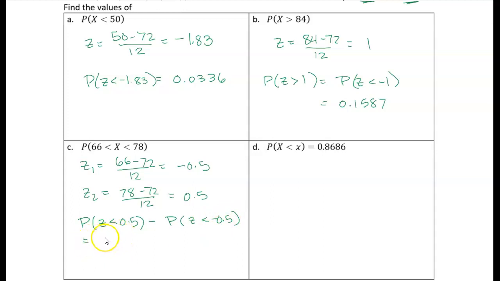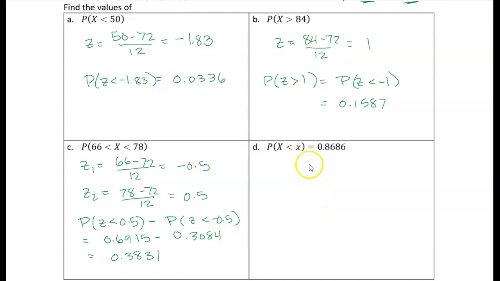The first probability is 0.6915. And the other probability is 0.3084. I take the difference of those two, and I get 0.3831. So that's the probability that our random variable is between 66 and 78.